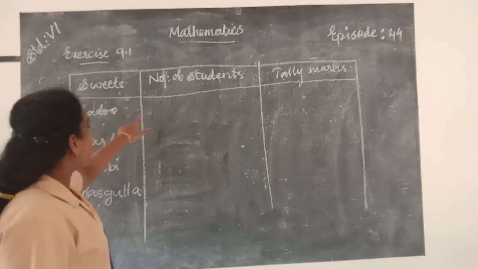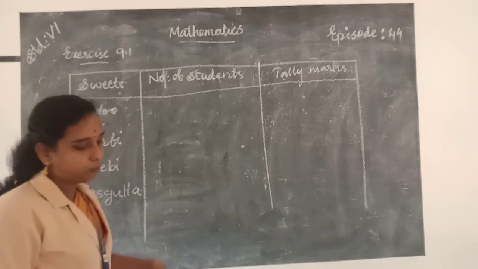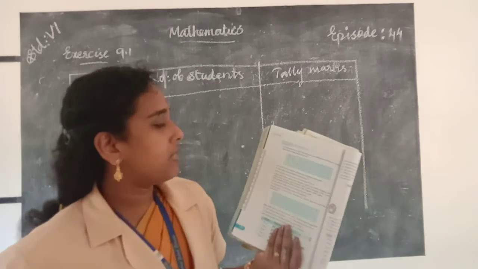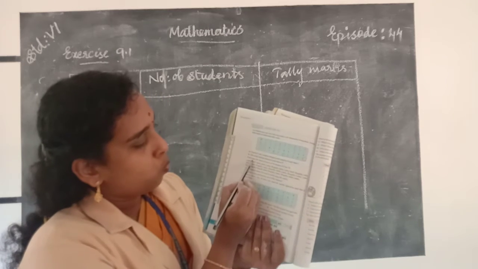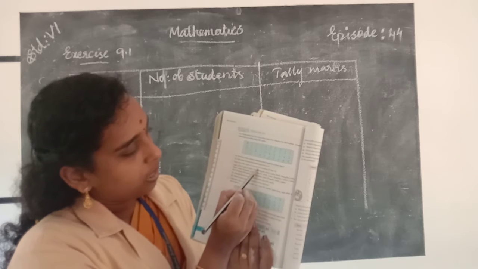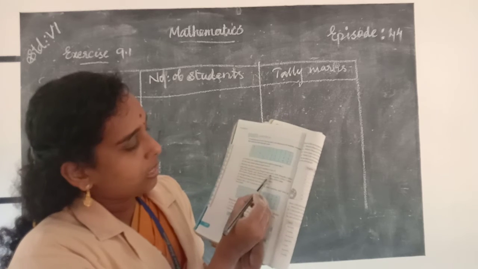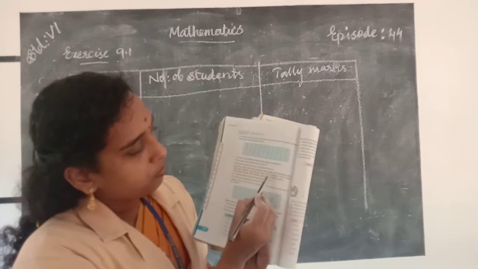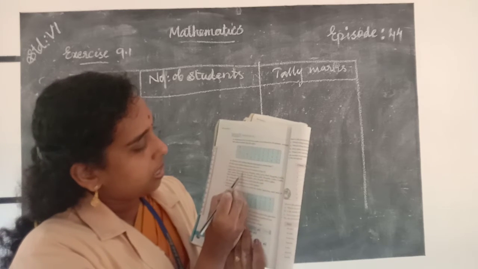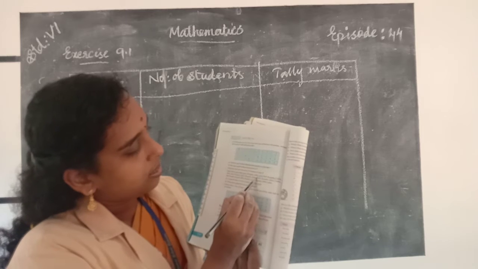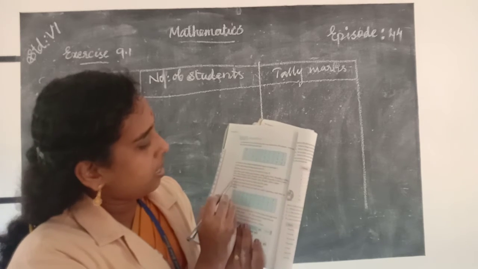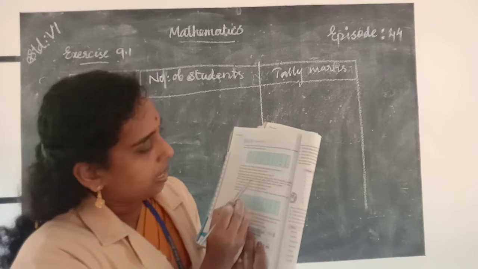First we find the number of students who chose laddu. How many students chose laddu? One, 2, 3, 4, 5, 6, 7, 8, 9, 10, 11.